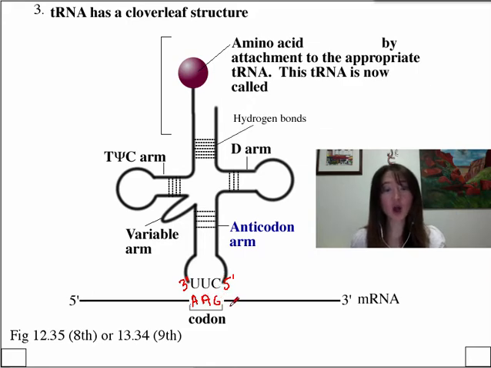Notice that our codon is AAG. If we want to look up AAG in the codon usage table, that will enable us to determine what amino acid the tRNA carries.